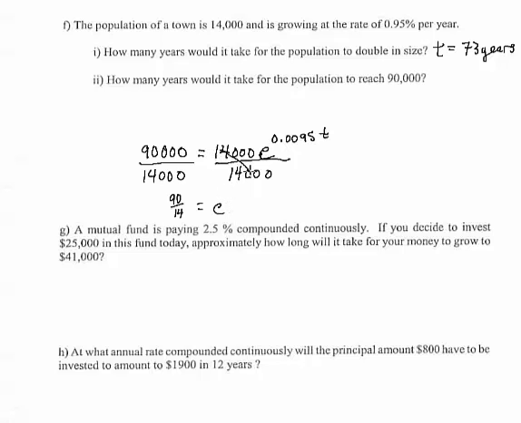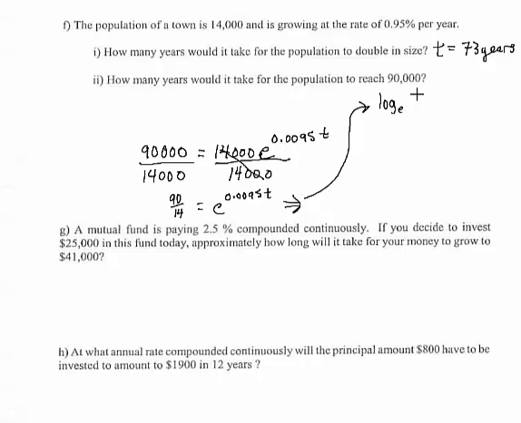So the 14,000 cancels out on the right, and we are left with the exponential piece only. So now we are exactly in the form of type 2 above. We'll convert this to a log. I'll write it up here at the top.